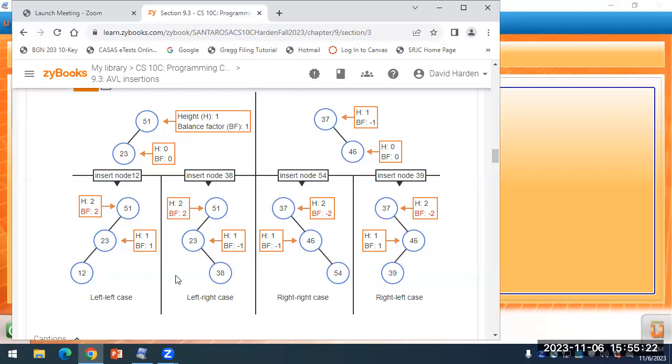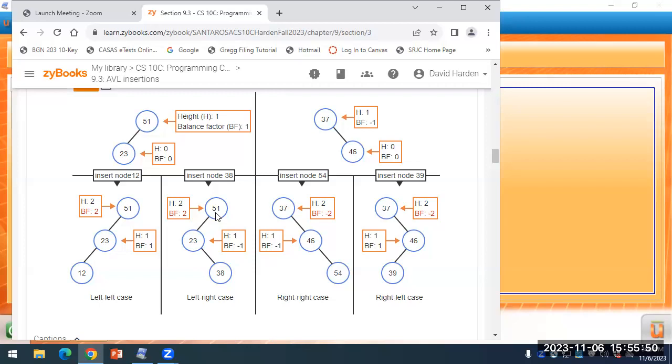I'd have to think hard and work a little bit to actually prove that. So you don't have to worry about the 23 here having a right child or a left child, because if you insert a left child at the 23, that is not going to make the 51 be out of balance.